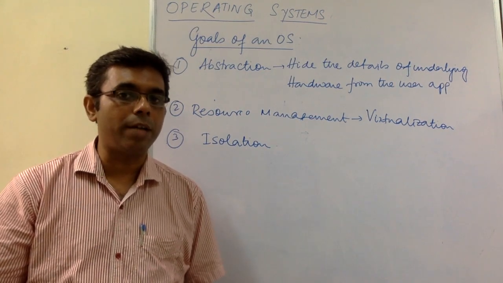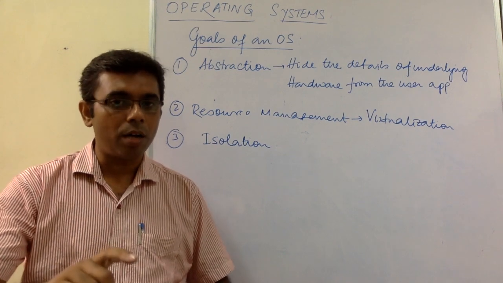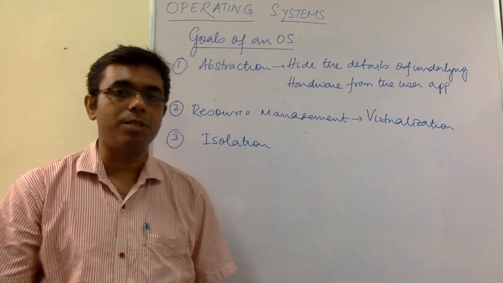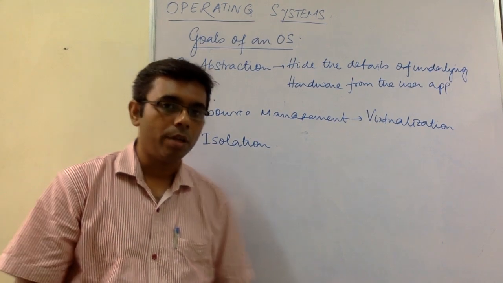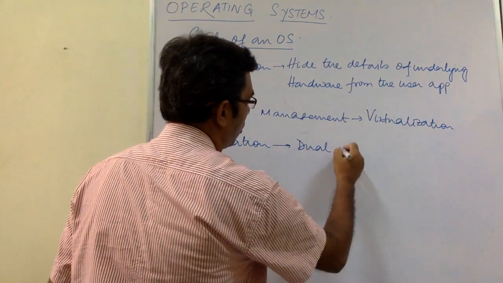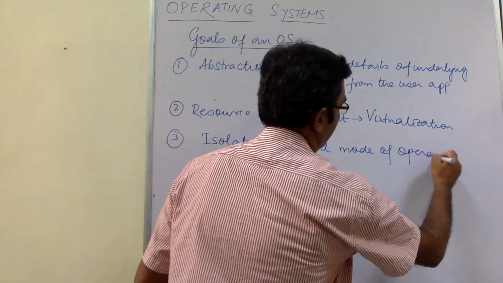You do not want that to happen. And what is the solution for that? You keep a check on the range of addresses in which a particular process or program can execute. So what we intend to do is perform something called a dual mode of operation.